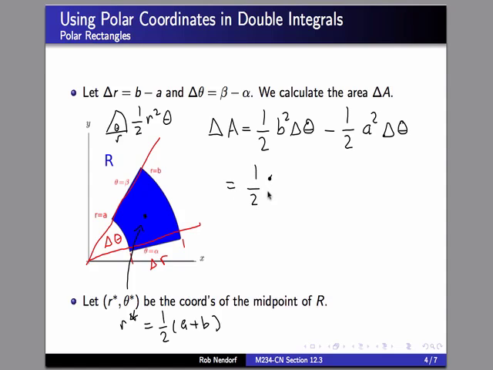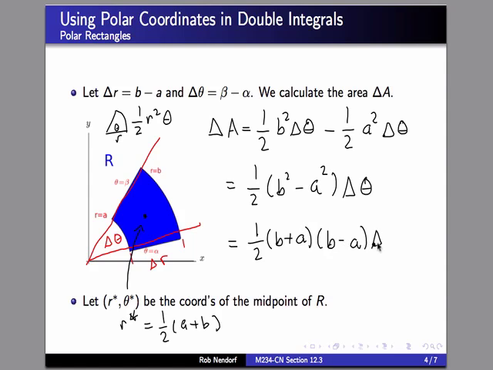So we have the 1/2, and then we have b squared minus a squared, and then times delta theta. Now b squared minus a squared factors as (b plus a) times (b minus a) delta theta. Okay, so now we just have to recognize that all these quantities are things we've already given names.